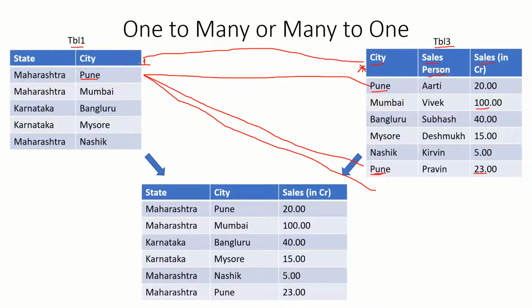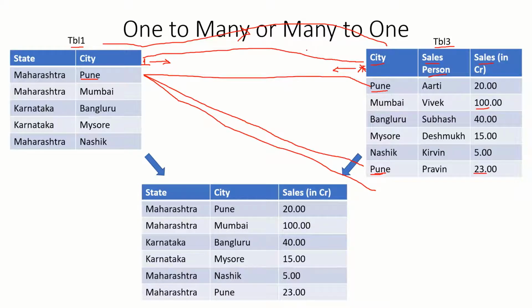If we observe the relation from table 1 to table 3, this is the direction, table 1 to table 3. The cardinality is 1 to many. But if we observe the relation from table 3 to table 1, the cardinality will be termed as many to 1.